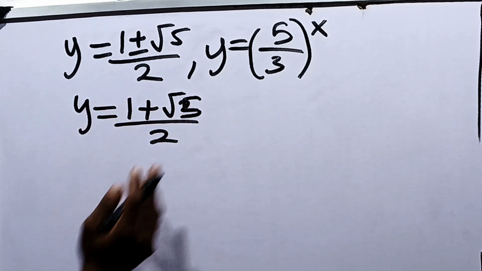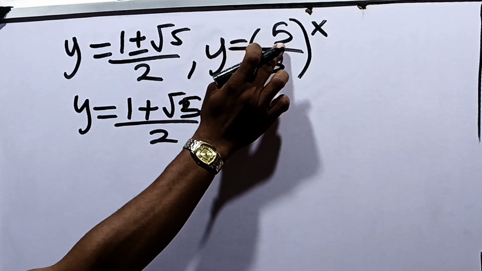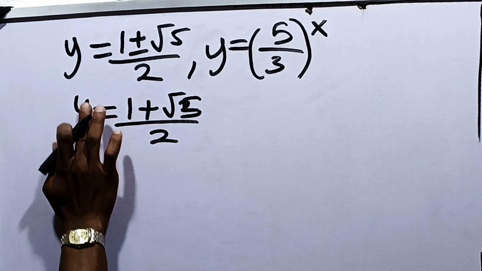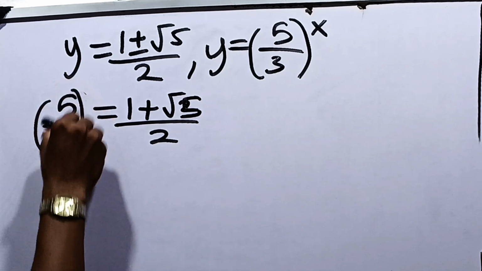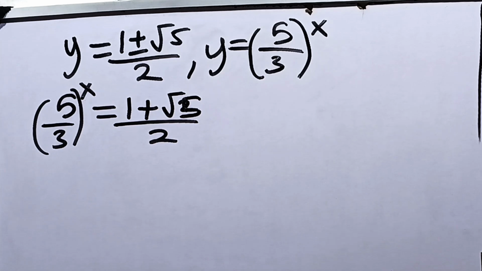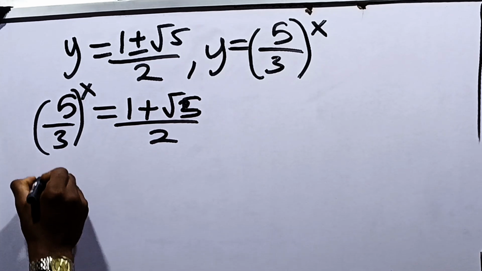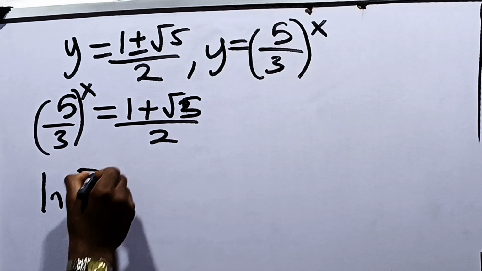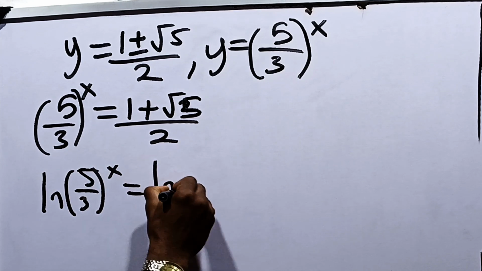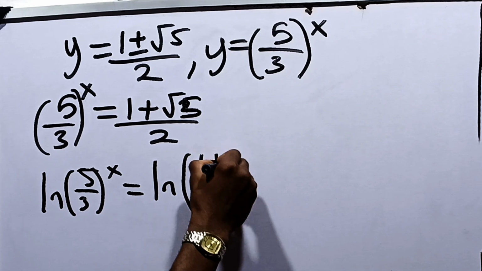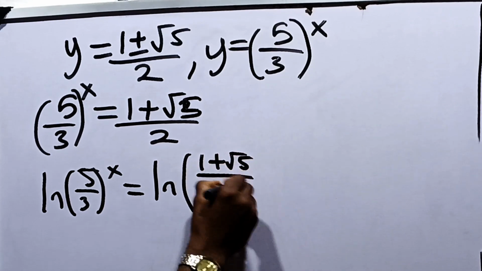Now what's our x be? Now recall that our y is 5 over 3 raised to the power x. So we can replace this y here, so that 5 over 3 raised to the power of x is equal to this. Now moving on from here, we can take the ln of both sides. So we can say ln of 5 over 3 raised to the power x is equal to ln of 1 plus root 5 over 2.